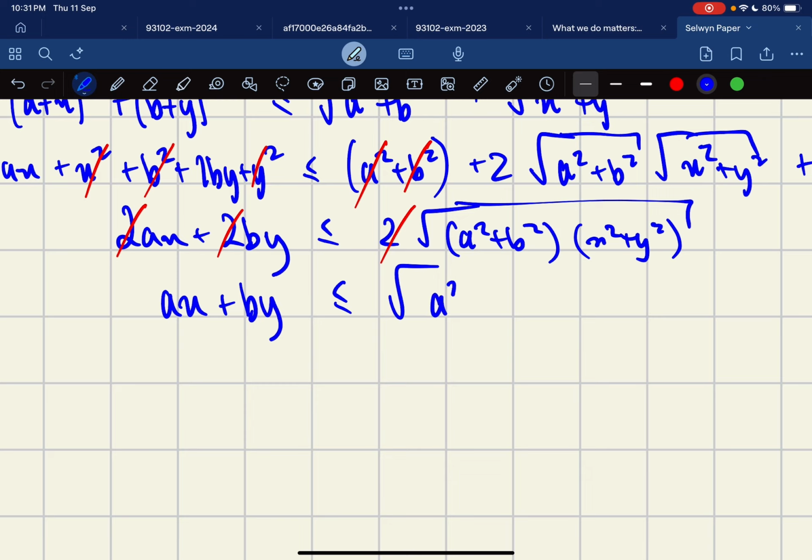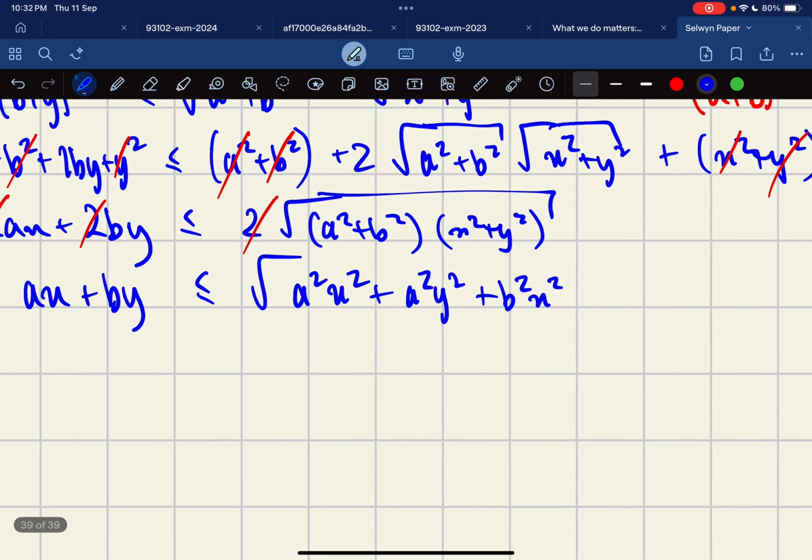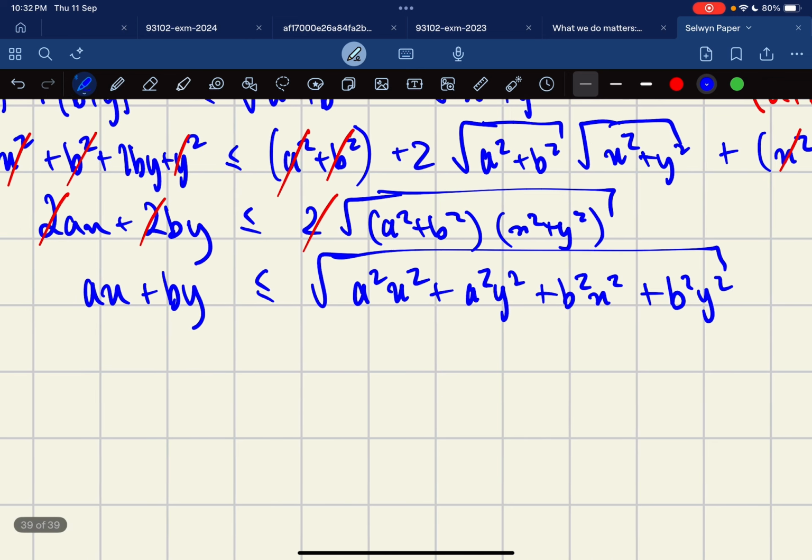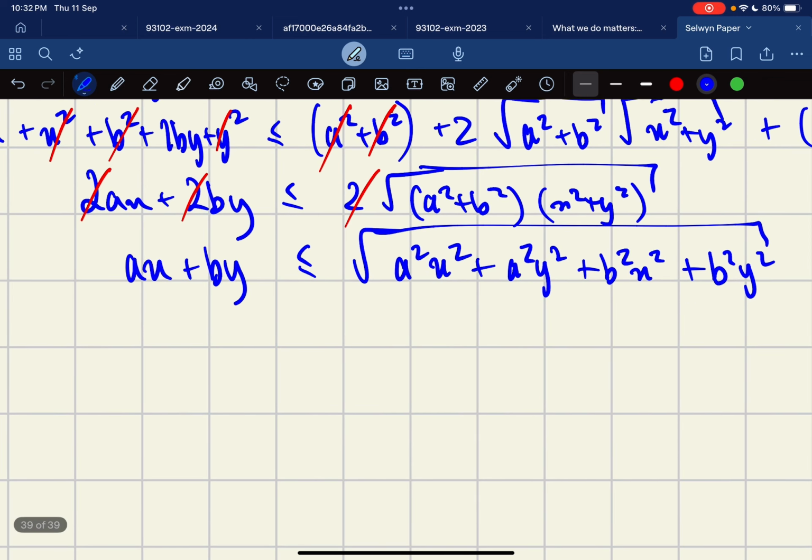So you get a squared x squared plus a squared y squared plus b squared x squared, and then plus b squared y squared. The reason we're doing that is because we then need to square both sides to get rid of that square root. So then squaring both sides, you have ax plus by squared less than or equal to all of this.